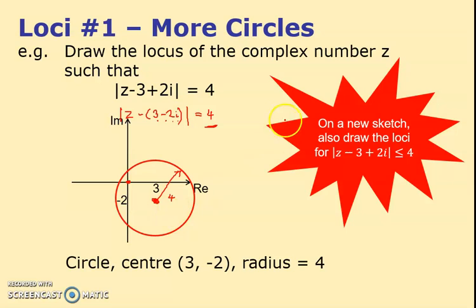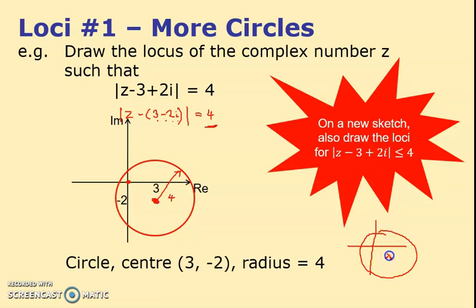So on the new sketch it says draw this, which is less. Alright, so it's very similar to the last one. It says draw the locus or loci for this, and again that is minus 3. You always change the signs if it's not in brackets. So I reckon it's down there again the same way as before. It's a radius of 4, so it's exactly the same.